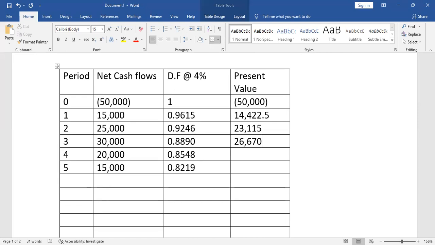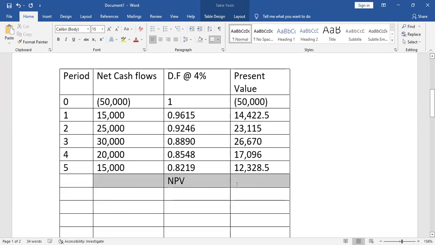Then 20,000 multiplied by 0.8548, I have 17,096. And then 15,000 multiplied by 0.8219, I have 12,328.5.